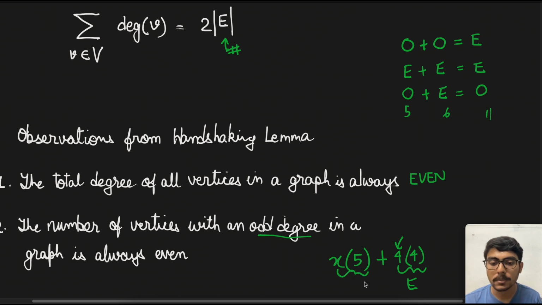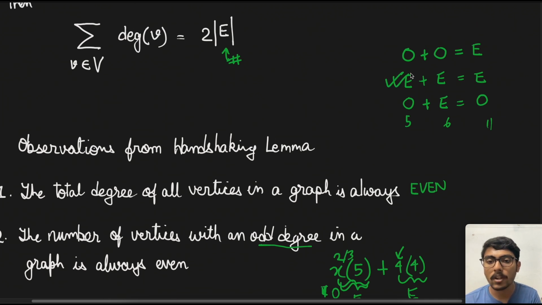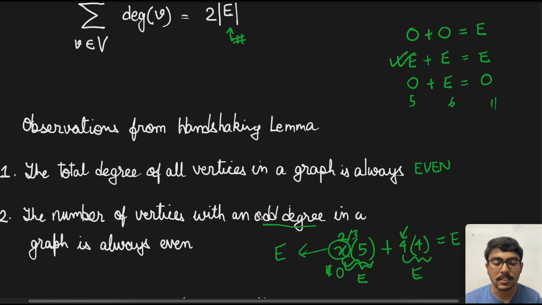But here in this part, if we take 2, then we are getting an even number. Otherwise, if we take 3, we will get an odd number. So we need to make sure that this whole part becomes even. Then only we'll be following this rule and getting an even number. So that's why x needs to be an even number. I hope this makes sense now.